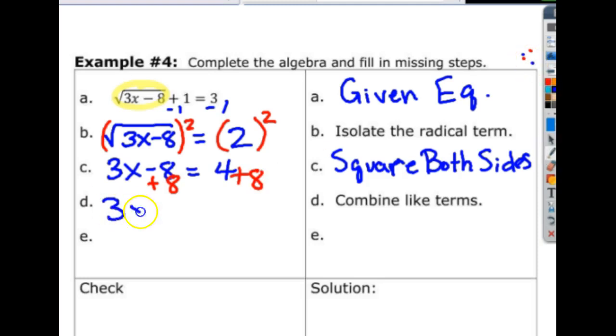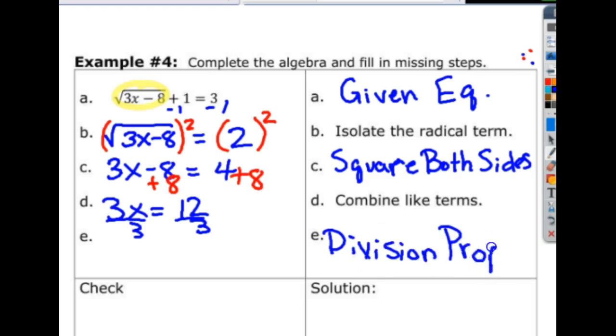So this would be 3x equals 12. Then I'm going to divide by the 3. And then I'm going to cancel that out, and x equals 4, maybe. What do I have to do to know for sure?